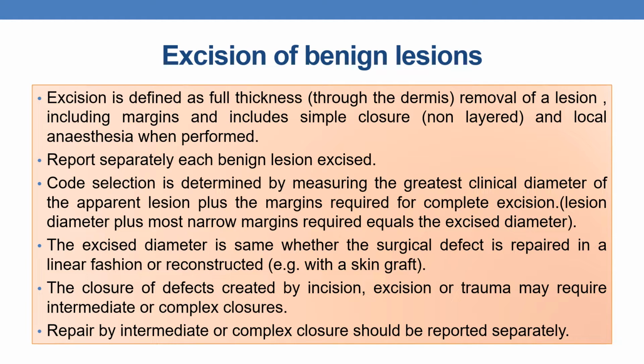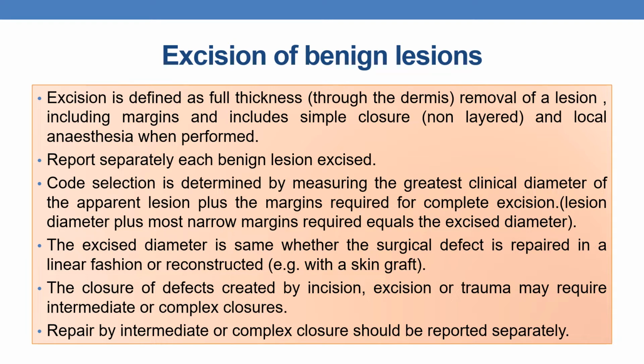For each benign lesion excised, you need to report 1 unit of that particular code. Code selection is determined by measuring the greatest clinical diameter of the apparent lesion plus margins required for complete excision. In simple words, the entire diameter of the lesion plus the narrow margins.